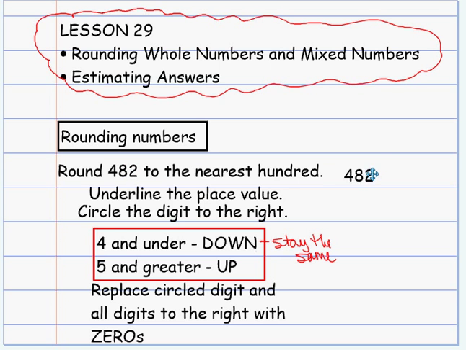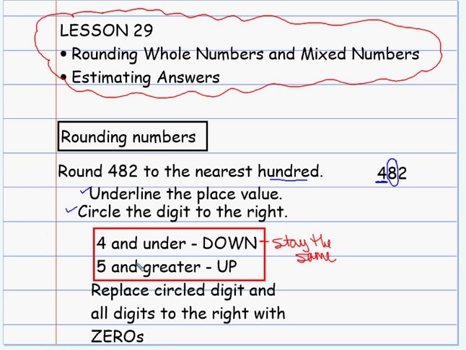So we're going to take the number 482 over here, and we are going to underline the place value. So we want the nearest hundred. So which digit is in the hundreds place? Well, it'd be the 4. So we did that. Then we're going to circle the digit to the right. That is this 8.